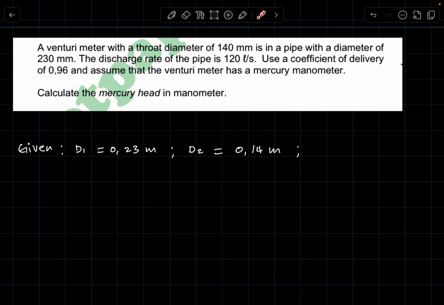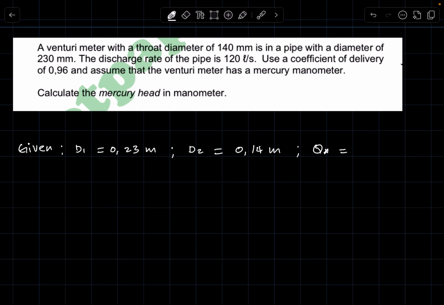So if they say that the discharge rate, you've been given the discharge, absolutely nothing suggests that this is the theoretical discharge. So you of course take it as the actual discharge, because remember that the theoretical discharge is only used under ideal situations. Unless they've stipulated that the quantity that's been given is theoretical, you always assume that it is the actual.